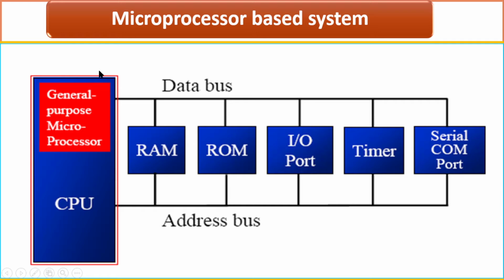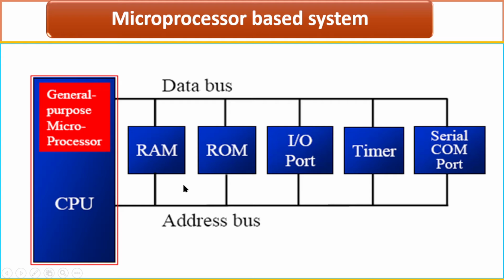So the microprocessor IC, then RAM, ROM, IO port, timer, serial port, these are all minimum peripherals. Likewise, many devices we are connecting with the microprocessor, then only we can develop a basic system for an application. So this is called microprocessor based system.